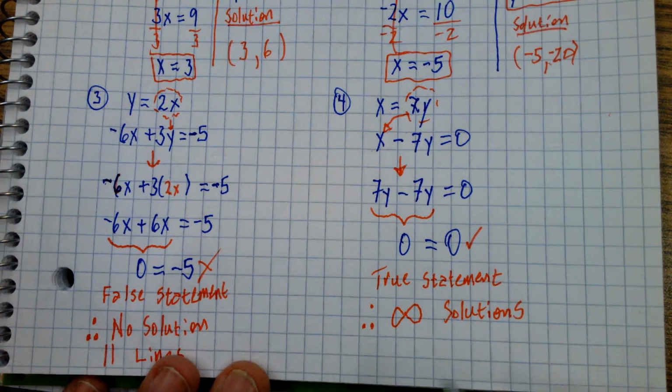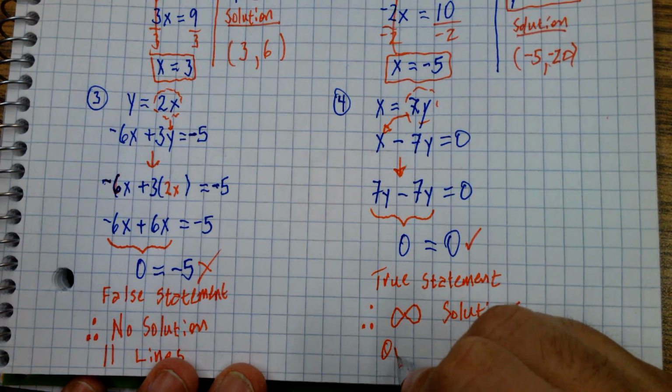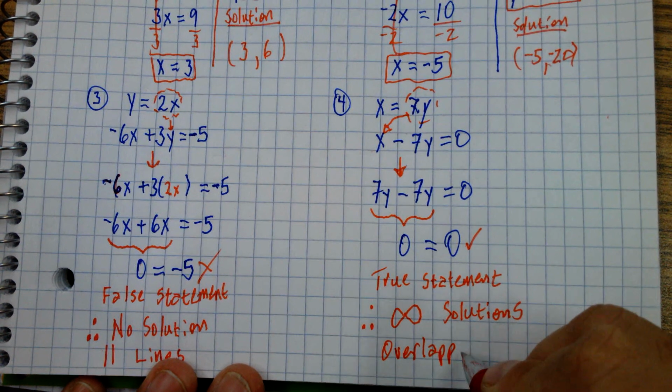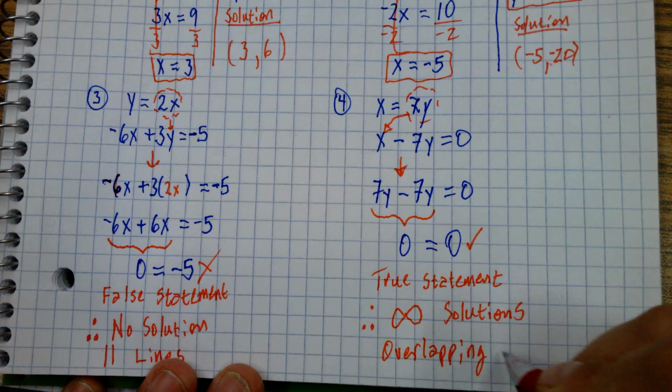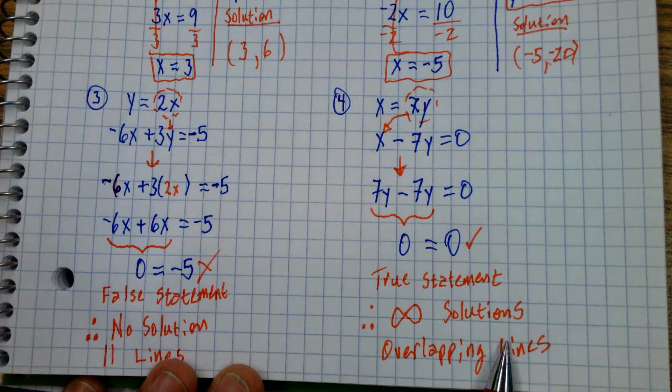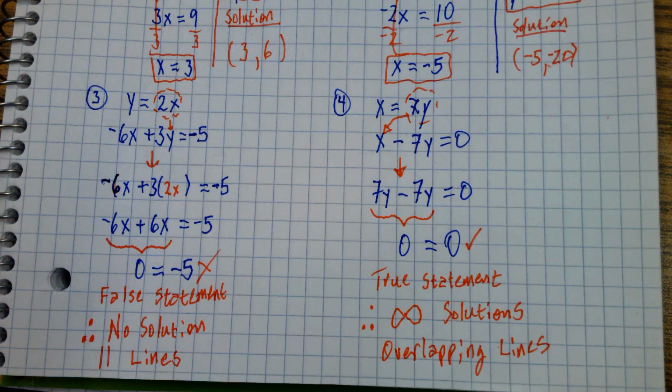And these are the overlapping lines. But the only answer you need to state is infinite solutions. Okay? All right. So this is what we're going to be doing. There's like 9 of these that we're going to do.